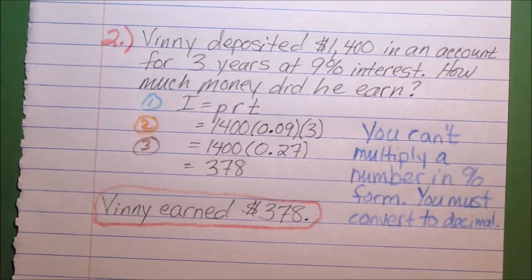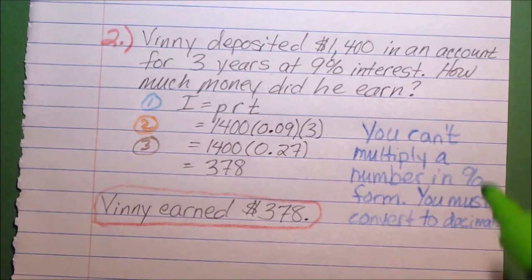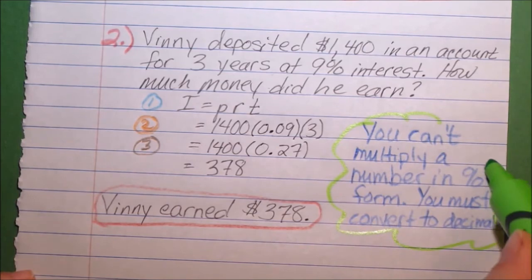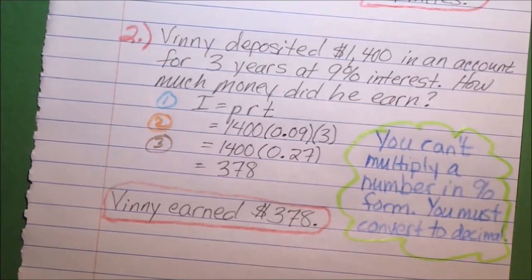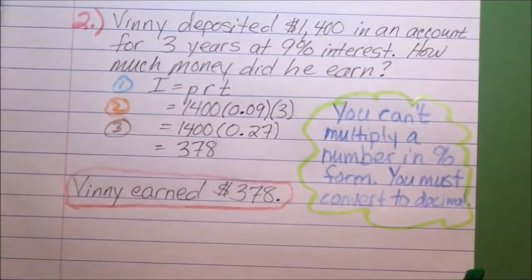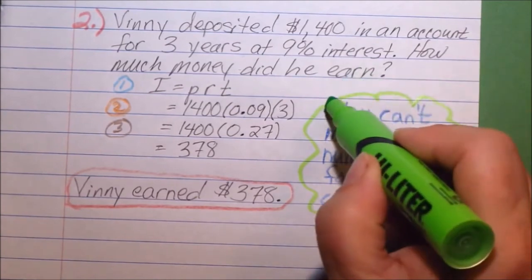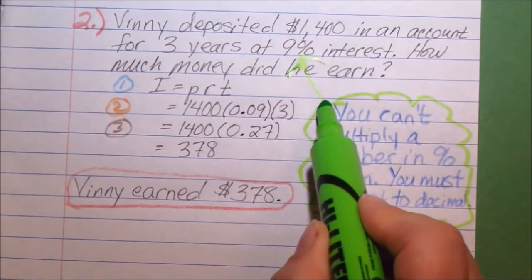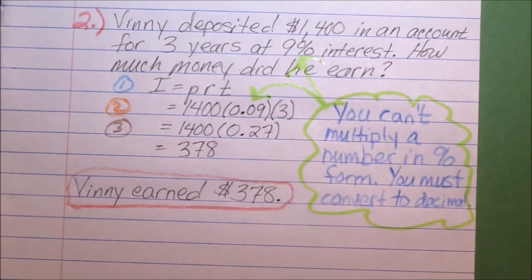You can't multiply a number in percentage form. You must convert to a decimal. So I'm going to make this into my thought balloon here and connect it to what you see here to what you see here. Okay? That conversion has to take place.